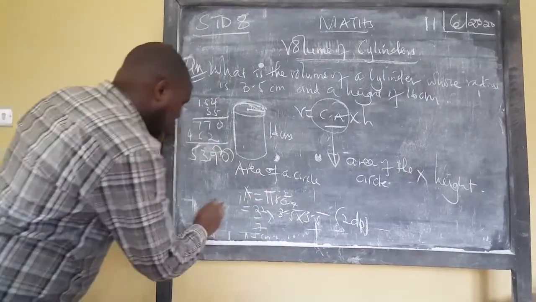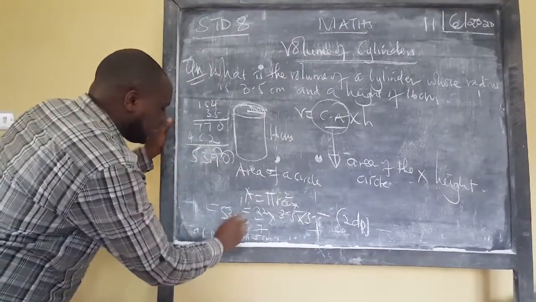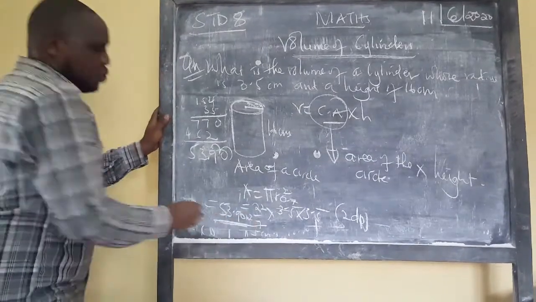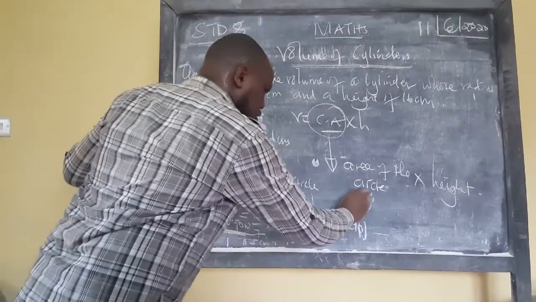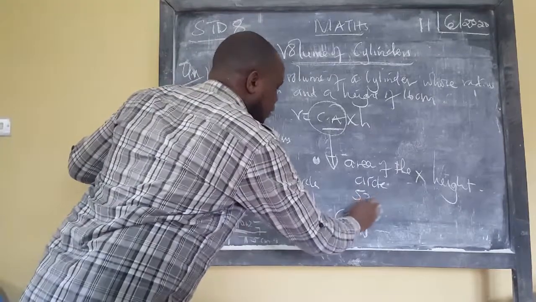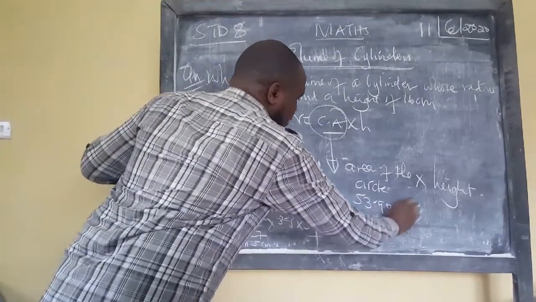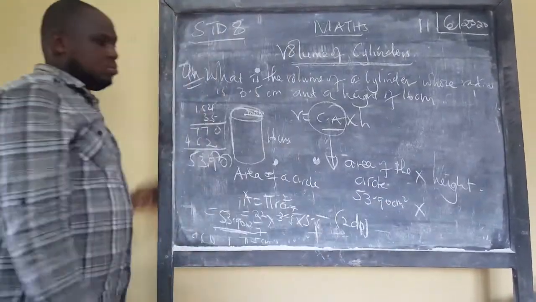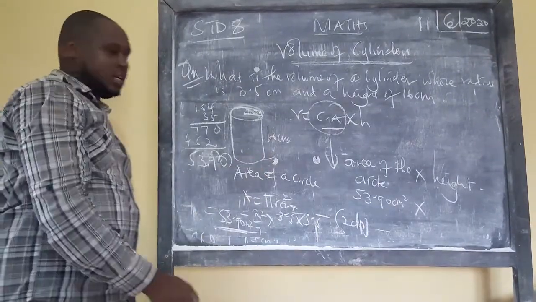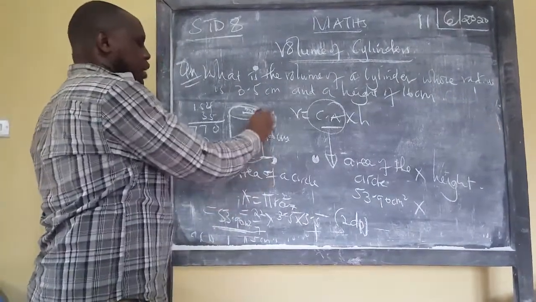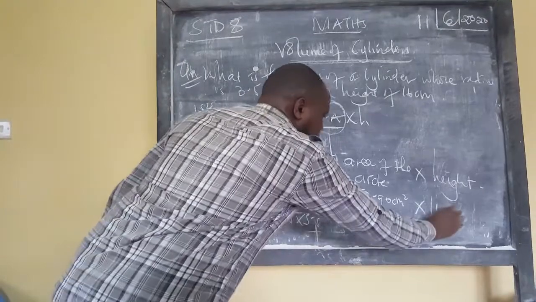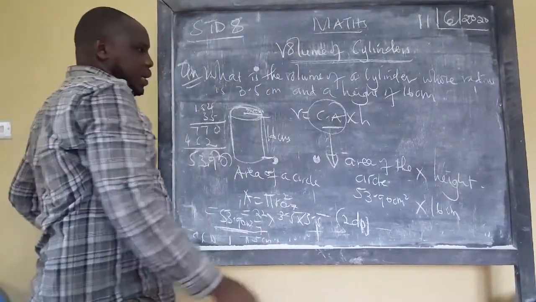So that's going to give you 53.90 centimeters squared. We have now gotten the cross-sectional area, which is 53.90 square centimeters. Then times now the height. Our height is 16, the distance from here up to here. So 16 centimeters.